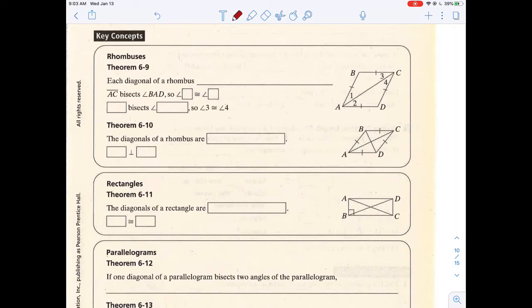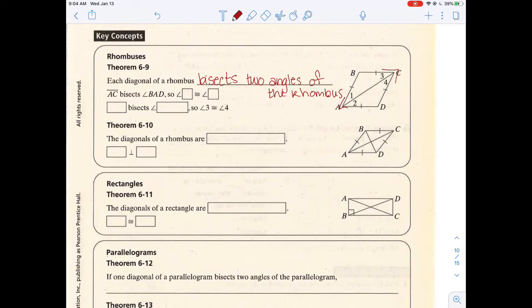Each diagonal of a rhombus bisects two angles of the rhombus. So AC bisects angle BAD and angle BCD.